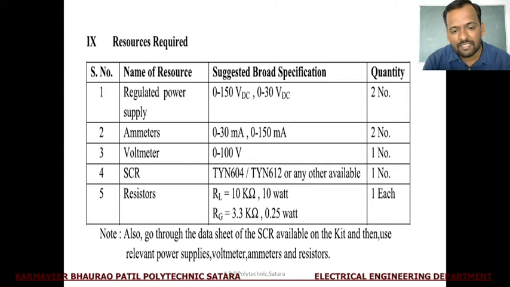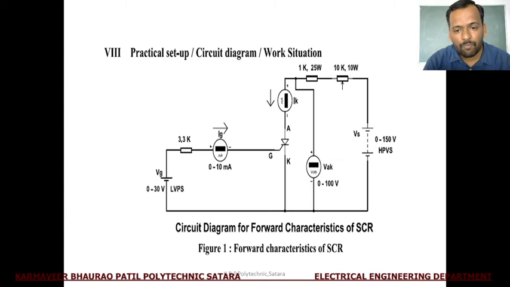Then resistances 10 kilo ohm, 10 watt power, and 3.3 kilo ohm, 0.25 watt power. These components are required for our practical. The circuit diagram of the practical is as shown in figure. Here we have to measure mainly 3 parameters: first, gate current, second, anode current, and third, anode to cathode voltage.